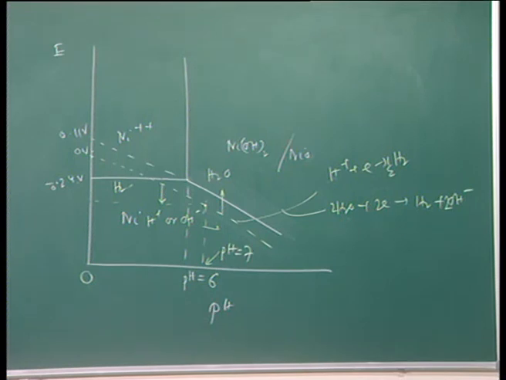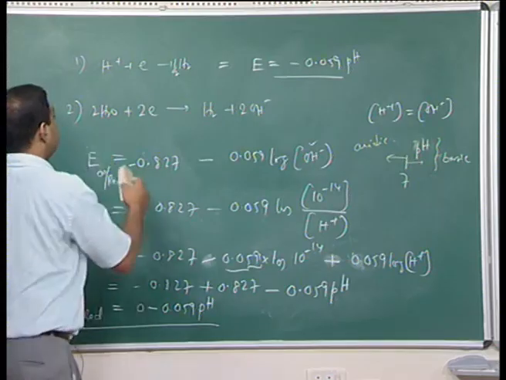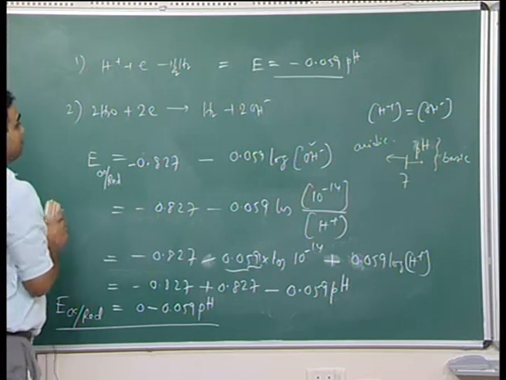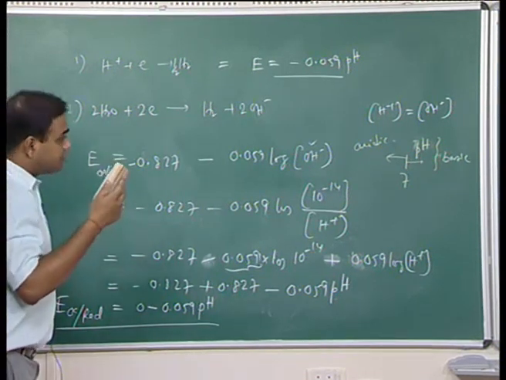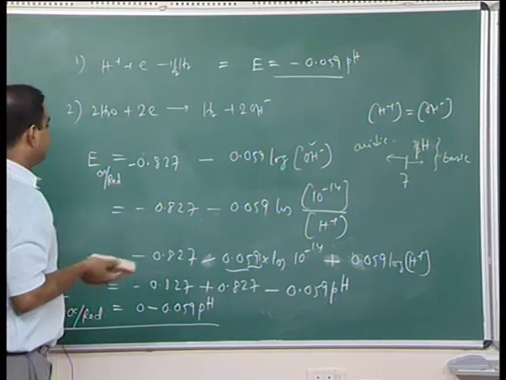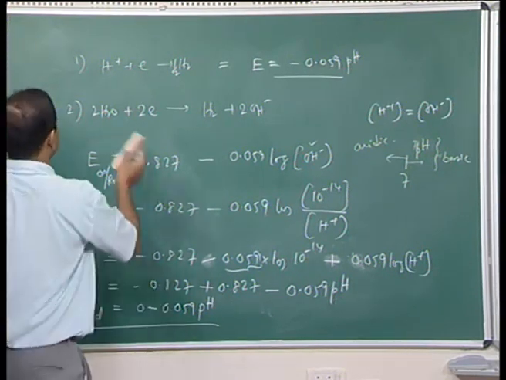Now, this reaction doesn't involve O2, but we have come to know that there would be two other reactions which would be involving O2. Let us see those two reactions.